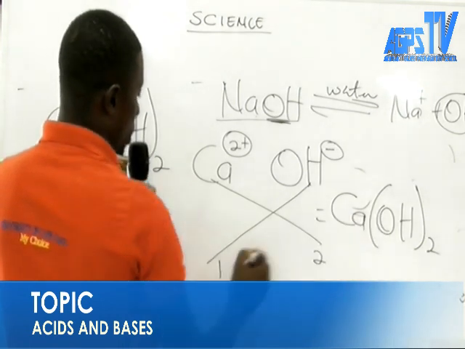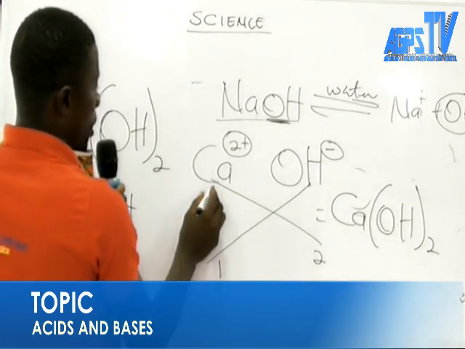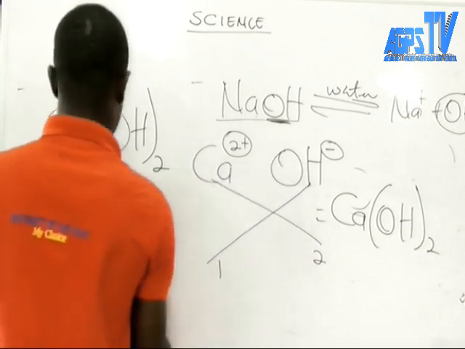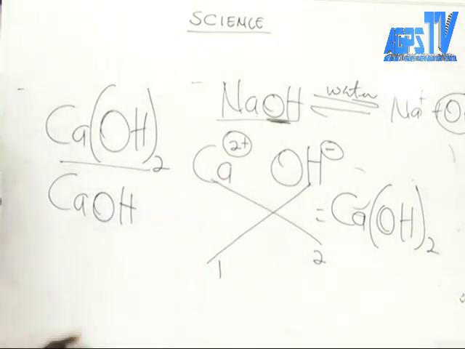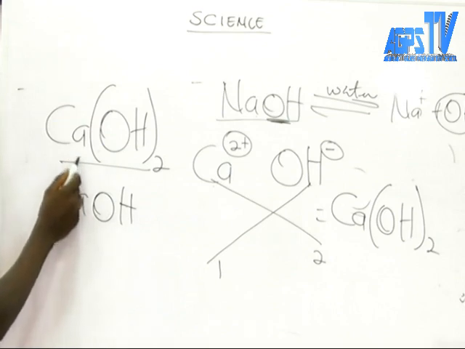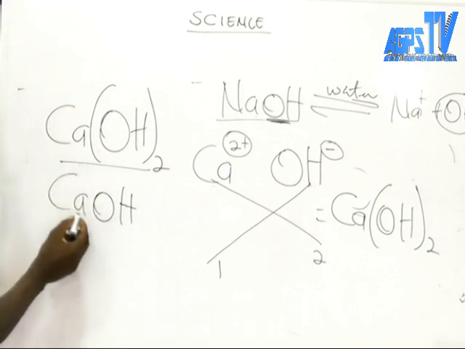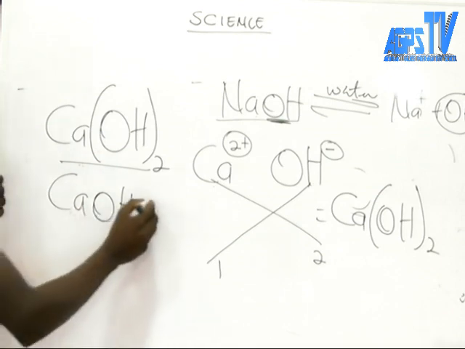Here we don't write the 1. The 1 belongs to the calcium and the 2 belongs to the OH. That is why it is written in this form. So I want you to understand this. We don't write calcium hydroxide like this. If you write this, it is wrong.